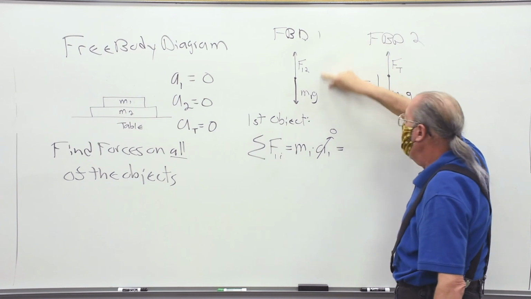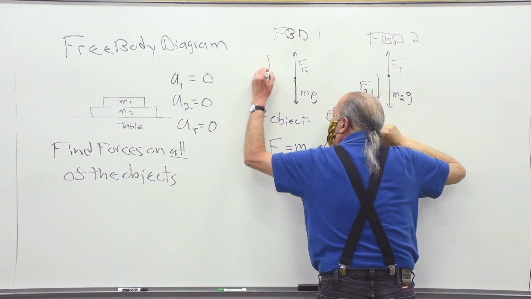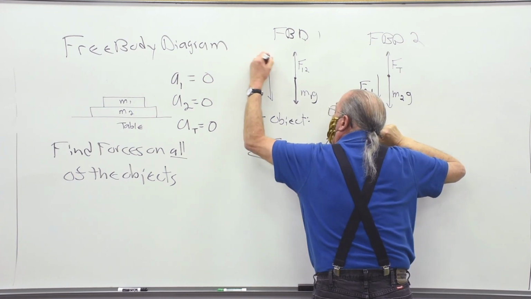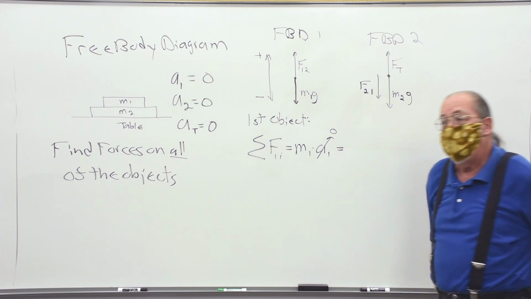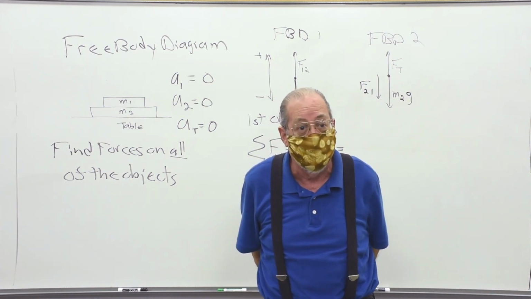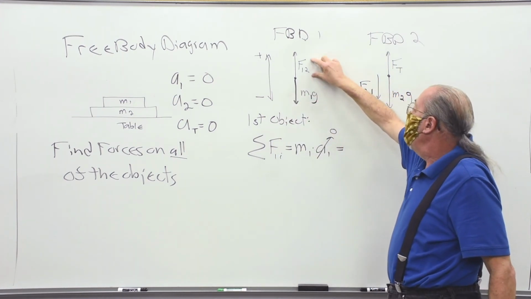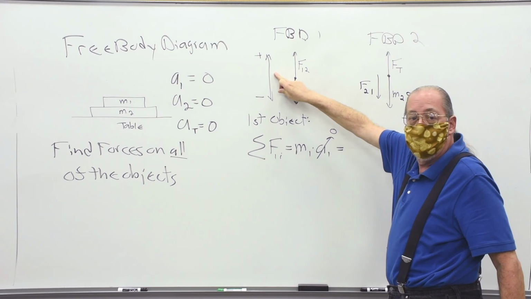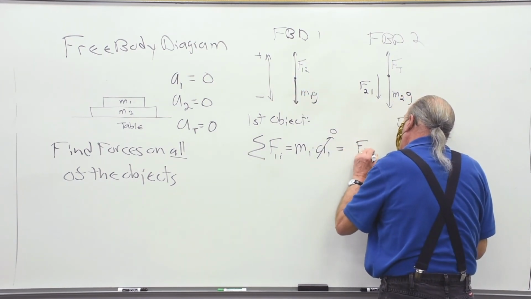Okay? Now we're looking in the vertical direction, and we better assign a coordinate system. So we will use up is positive and down is minus. It doesn't make any difference as long as you stick to your guns. What is the component of this force? Now it's aligned with the axis, so it is either plus or minus the magnitude.